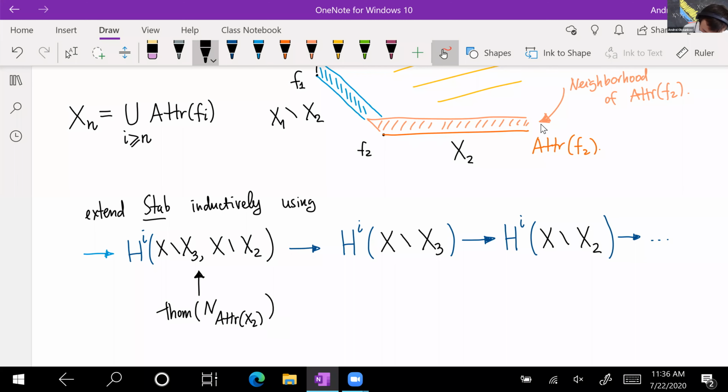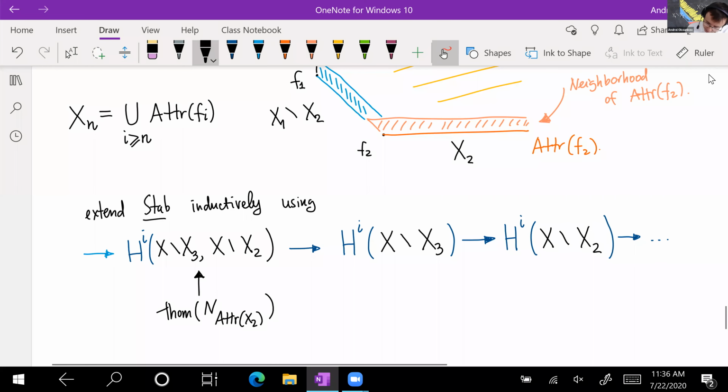There are some parts, X3, which I didn't even write in this picture. It's something we throw out. This attracting manifold is a perfectly nice smooth manifold. If we remove what we throw out, then this would be just the Thom space.